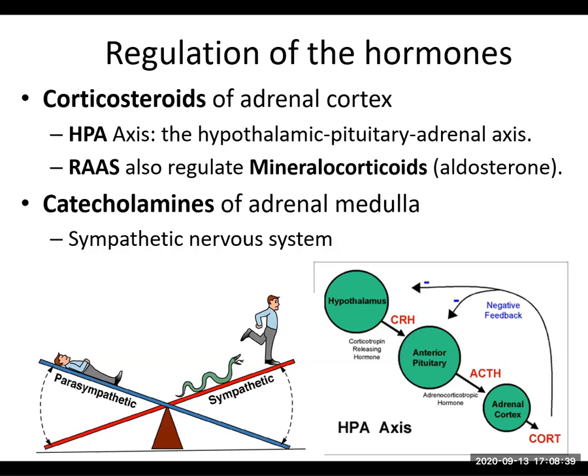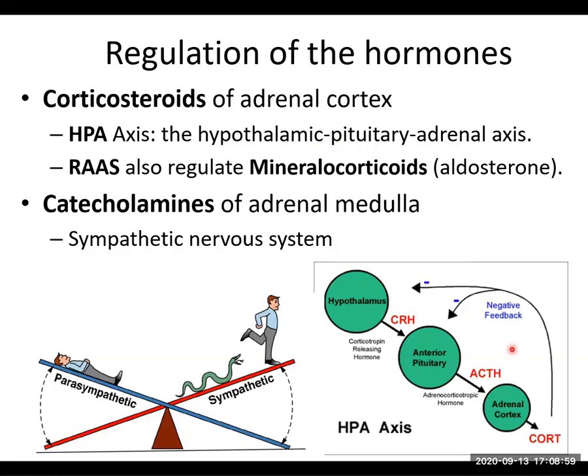To regulate the corticosteroids, the major pathway is the HPA axis. It means the hypothalamus, pituitary, adrenal axis.